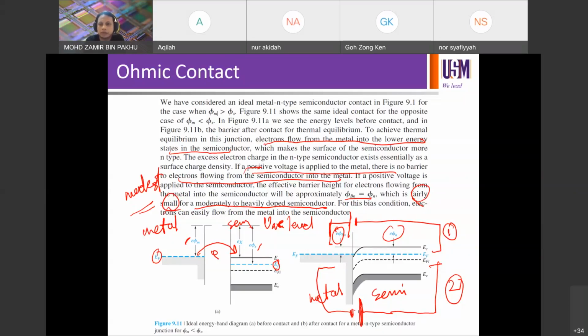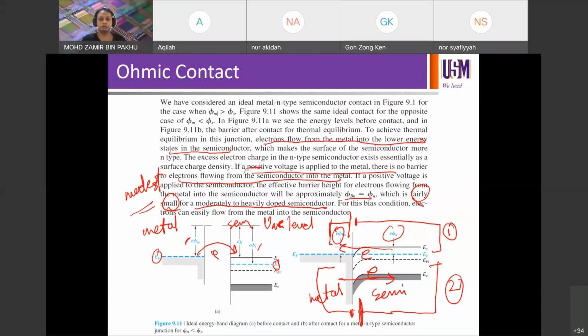So let's revisit case number one. Electrons are flowing from semiconductor into the metal. Case number two, electron can flow easily from the metal into semiconductor. So we're going to have bidirectional current flow, both directions, because electrons are now flowing to the opposite side, okay?